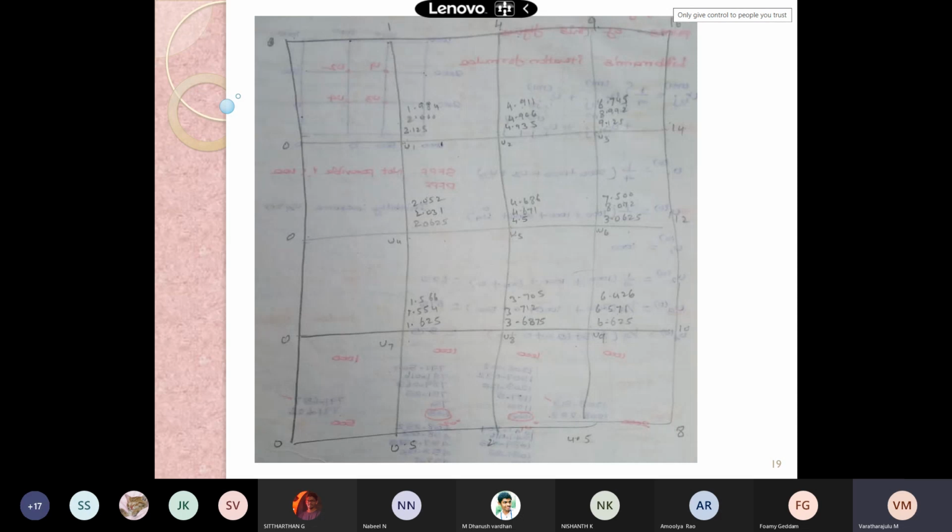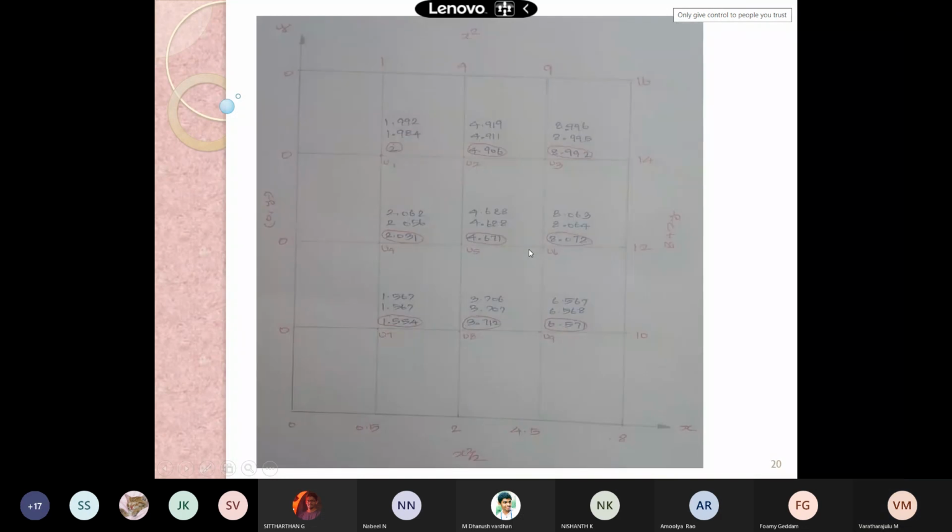Once the zeroth iteration is over, all the things can be calculated with the standard 5-point formula. By making this arrangement, you can find the results. See here, all the red marked values are calculated through the zeroth iteration.